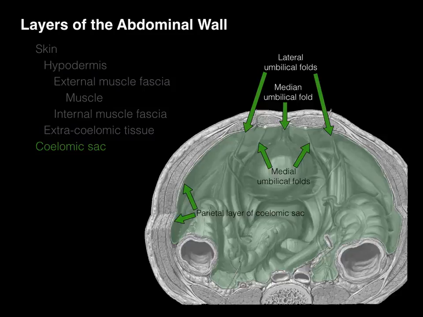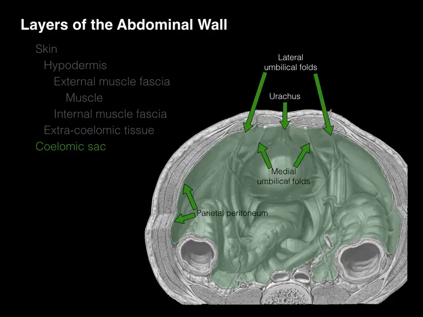Well, this parietal layer of the coelomic sac is another way of saying there's the parietal peritoneum. And then that median umbilical fold is also that urachus. It's the obliterated urachus. And so when the urachus is in that pre-peritoneal space, when the coelomic sac covers it, they call it a median umbilical ligament, but the median umbilical ligament is just surrounding that urachus.